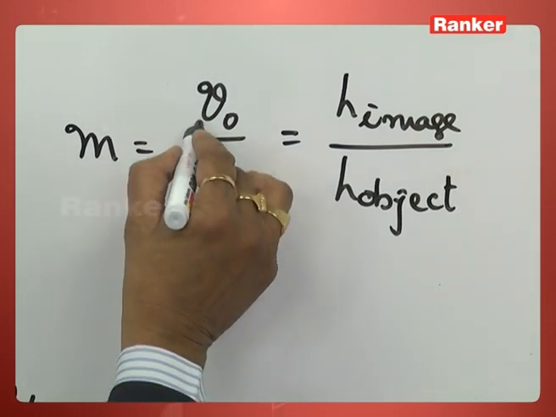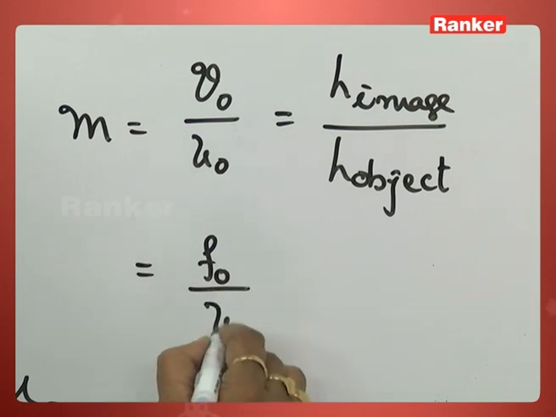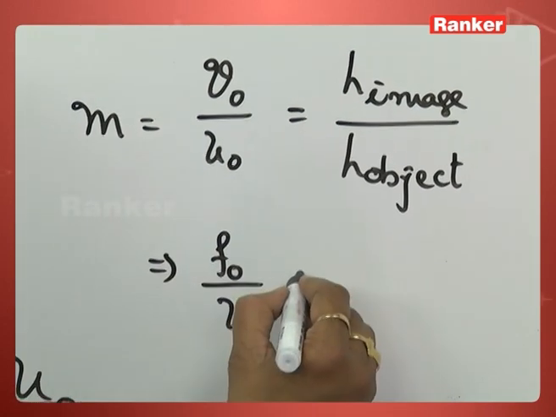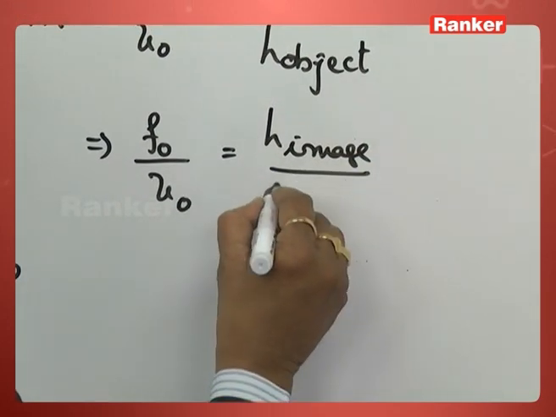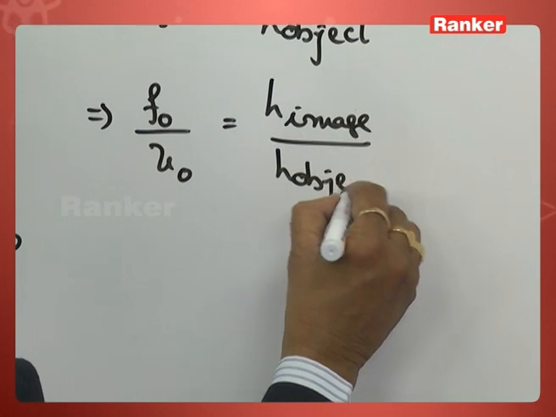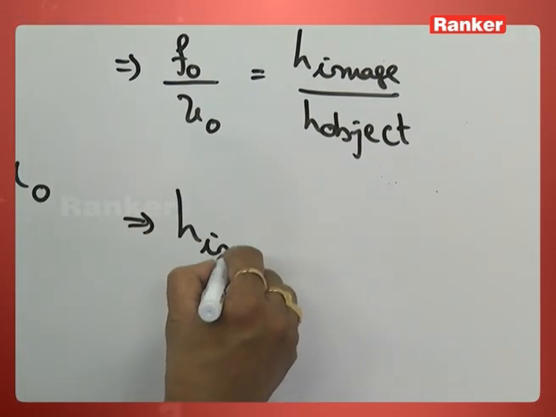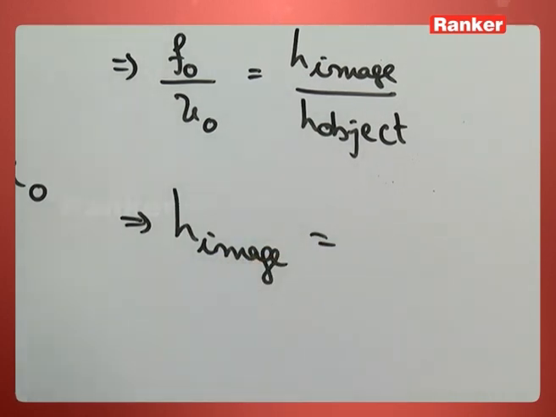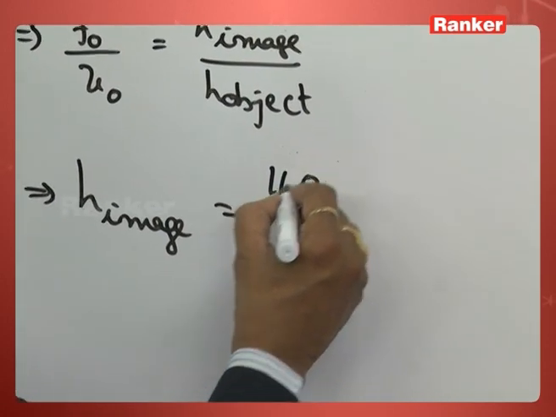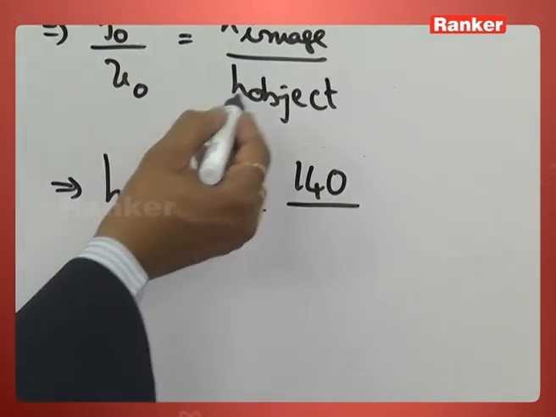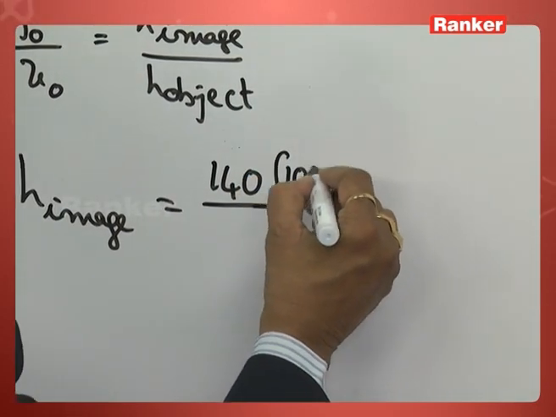And we know pretty well what VO now equals: FO by UO is equal to the height of the image by the height of the object. Now his question is, what is the height of the image? So what is FO now? You take 140 into the height of the object. The height of the object is given as 100 meter.